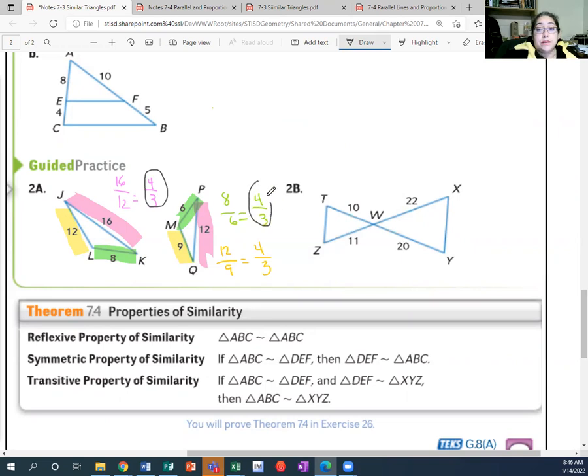That means all of my sides are in proportion with each other. And so these two triangles are similar by that 7.2 postulate, the side similarity. Questions? Was that all right?